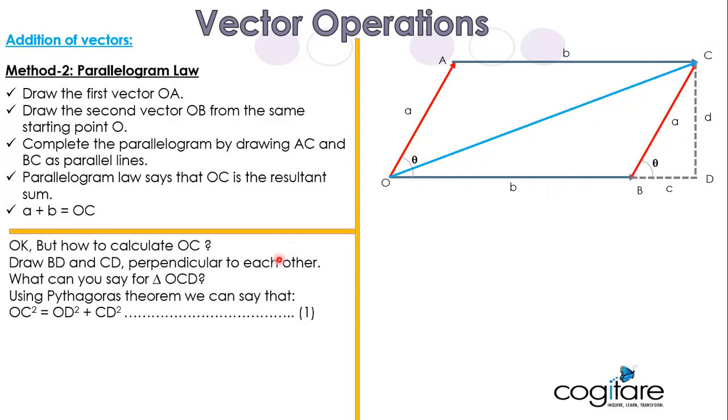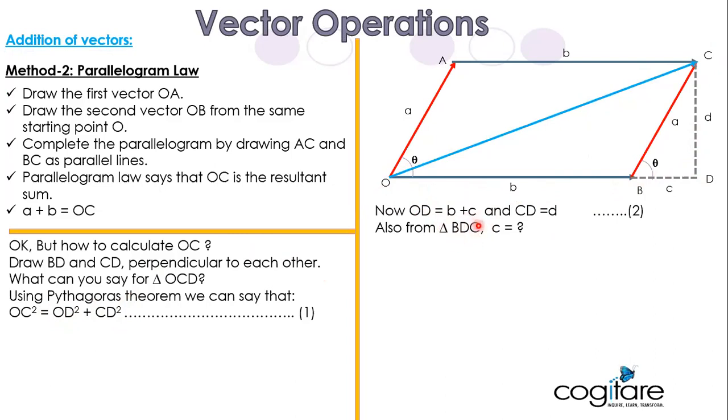OC square here will be equal to OD square plus CD square. Remember, OD is this entire length. Right, now if you see, OD is nothing but OB plus BC, which is B plus C. And CD for us is D.